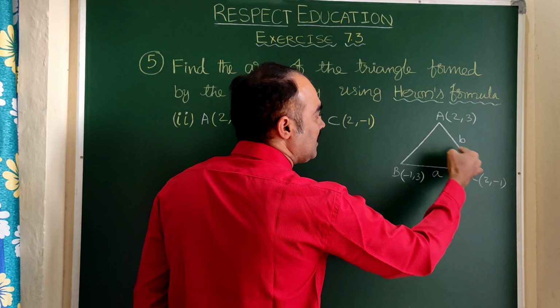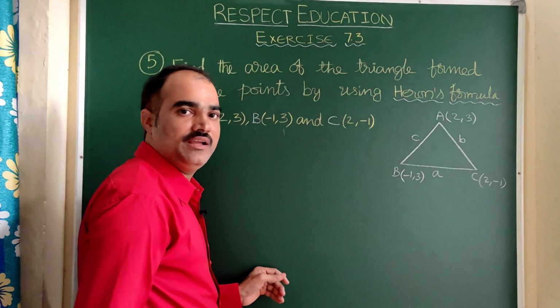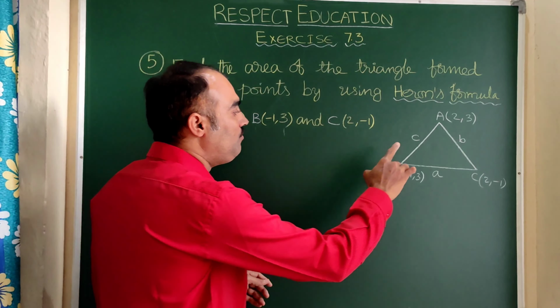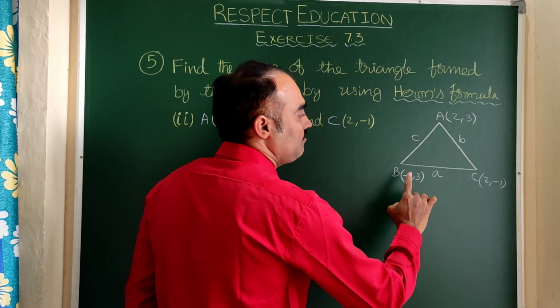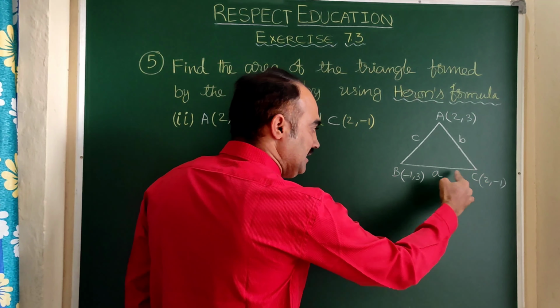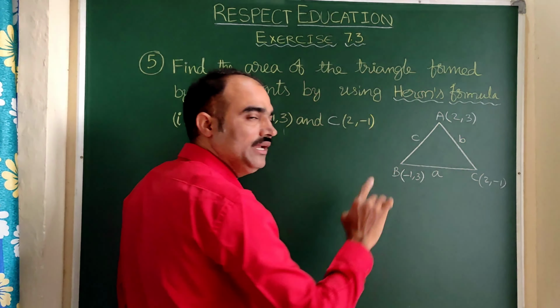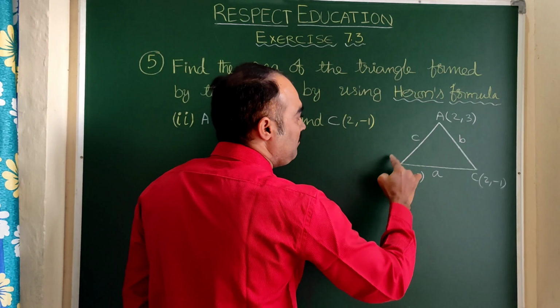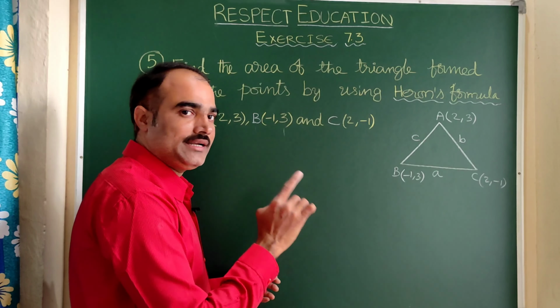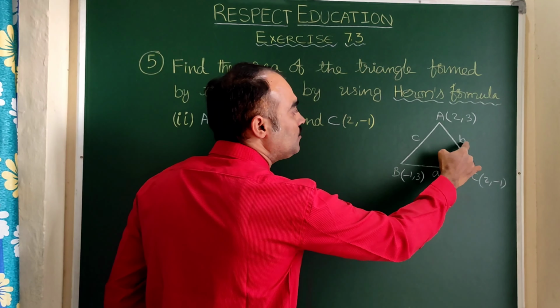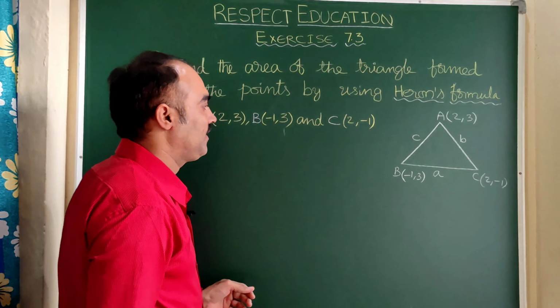The side opposite to vertex C, you take it as small c. Now we need to find the distance between B and C, that is a, the distance between A and C, that is b, and the distance between A and B, that is c. So let us find these values first, a, b and c.